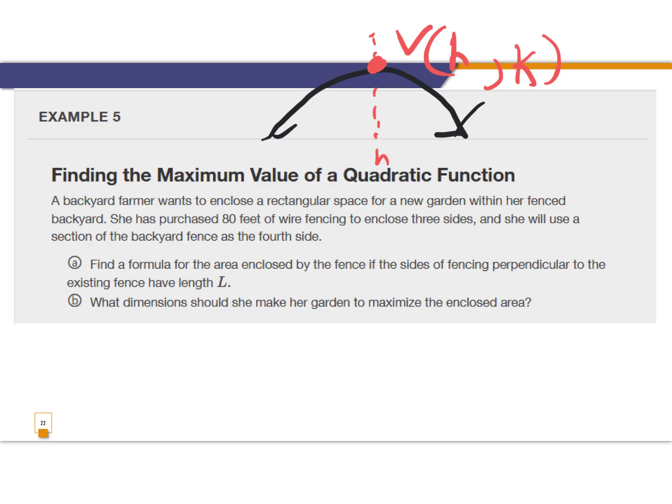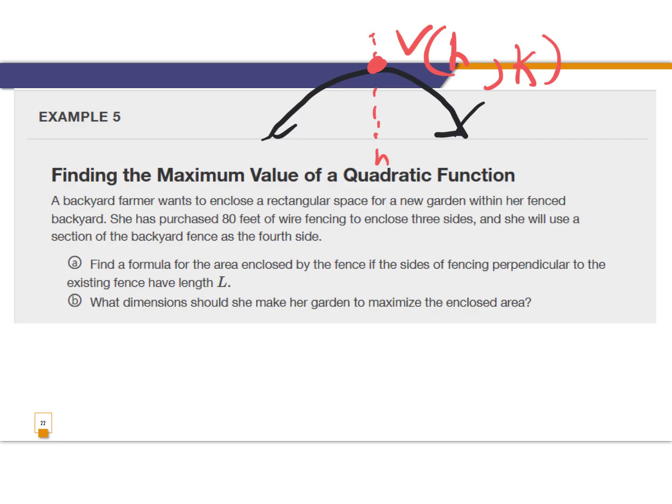And within her fenced backyard, she has purchased 80 feet of wire fencing to enclose only 3 sides. And she will use a section of the backyard fence as the 4th side.